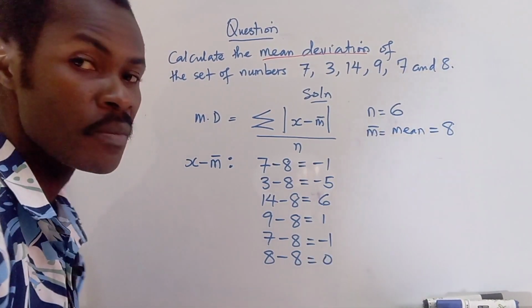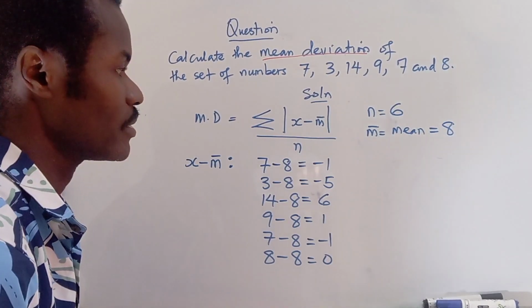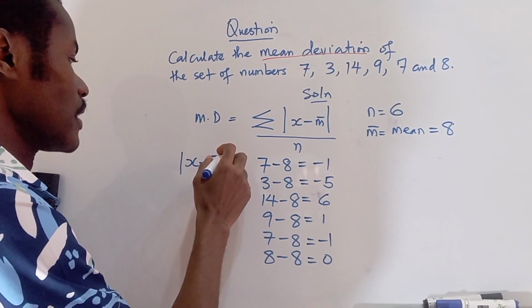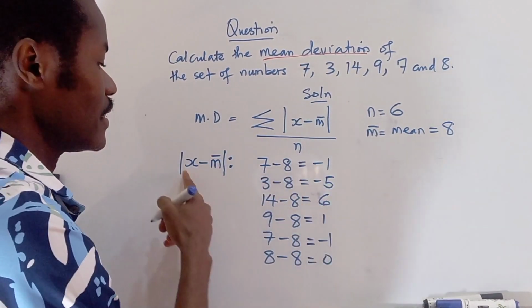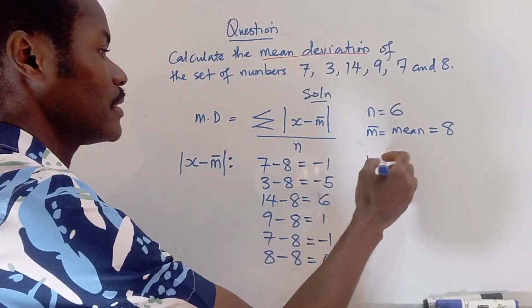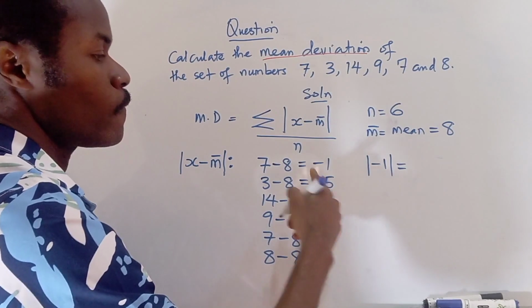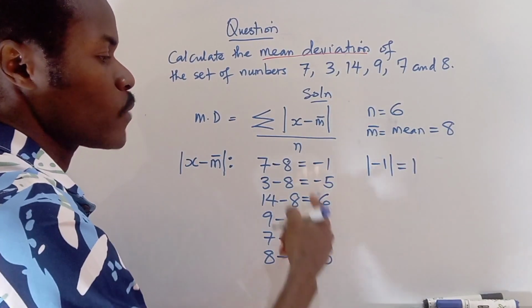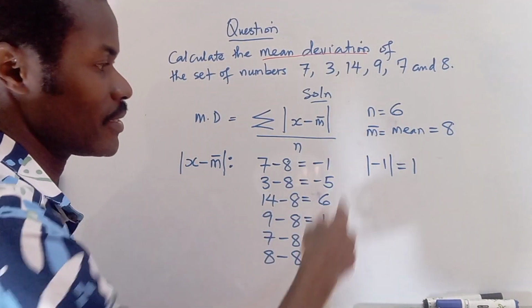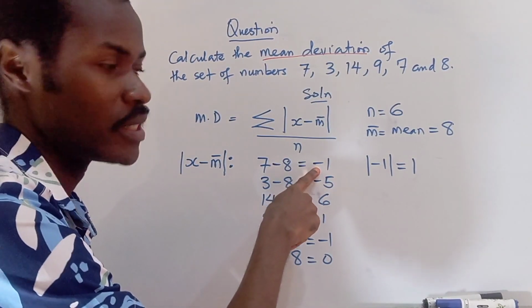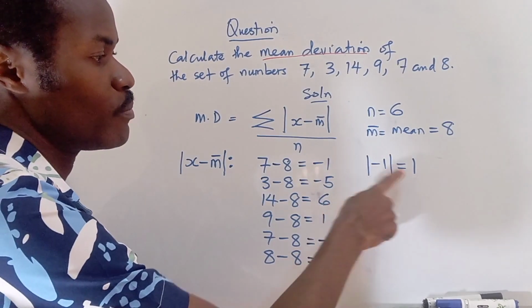Now that we are done with this process, we are going to insert these lines, and see what that gives us. Now inside these lines, we are going to also do it here. The idea is when you put these signs, you want to change every negative to positive. So this is going to be plus 1.